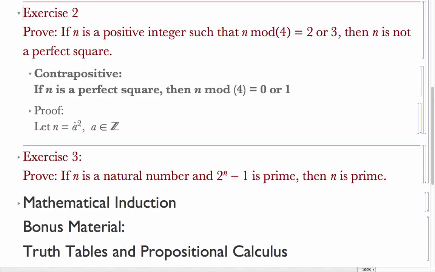How can we move from a squared to showing that that number divided by 4 leaves a remainder of 0 or 1? We need to think about what kinds of squares exist, and therefore what kind of numbers a can be. And this is what's not obvious, and we need to make sure that we hit all the possibilities. So what kind of numbers can a be? And we think about the number 4, right?